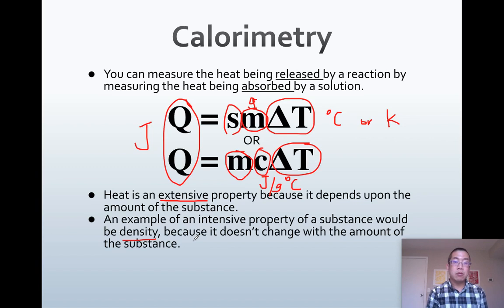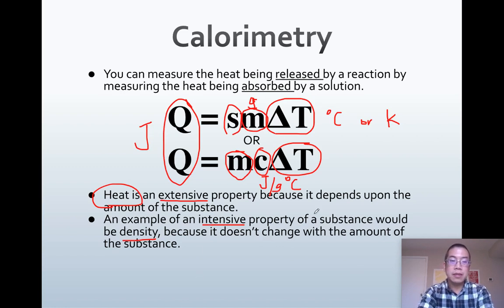So that would also be an intensive property. Intensive properties don't change depending on their amounts. Heat is an extensive property, because it depends on the amount of substance, it changes accordingly. So heat, extensive property. Specific heat capacity, like here in this equation that we'll practice in a moment, is an intensive property. It doesn't depend on the amount of substance that we have.